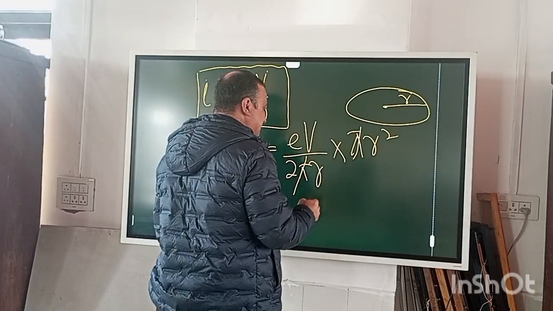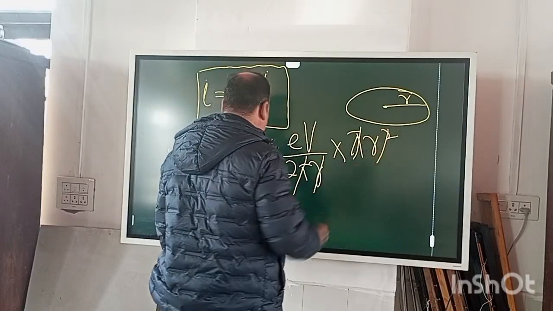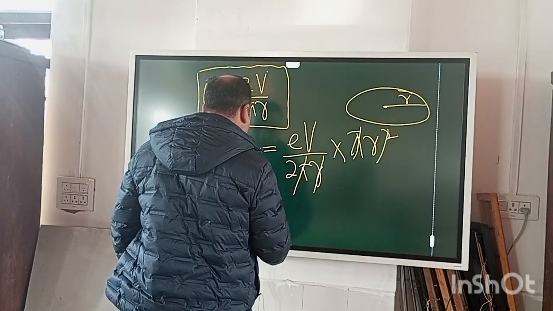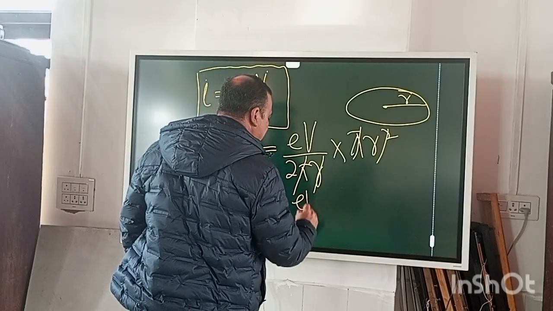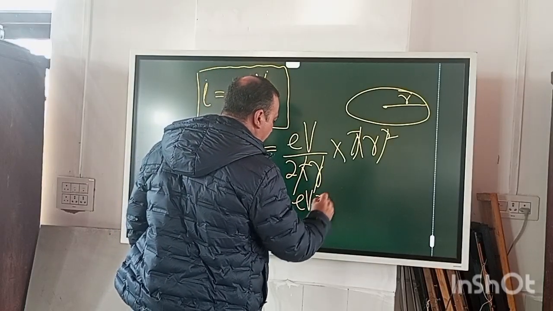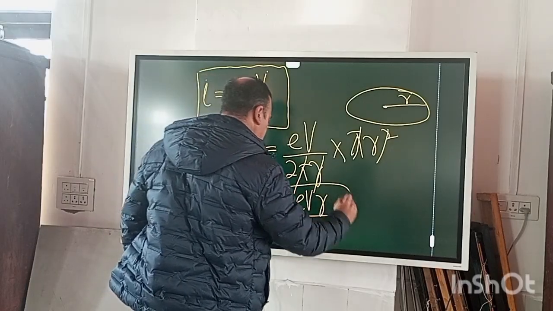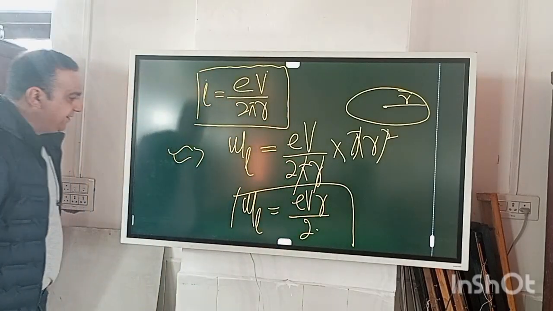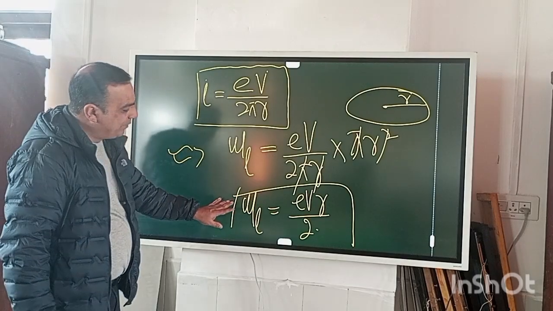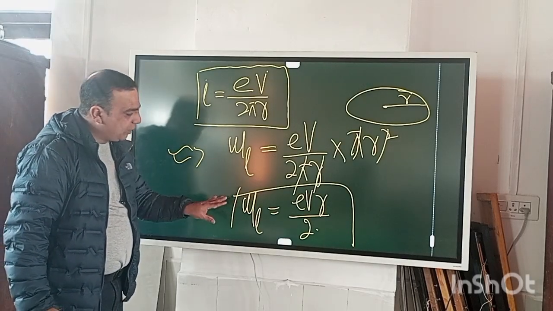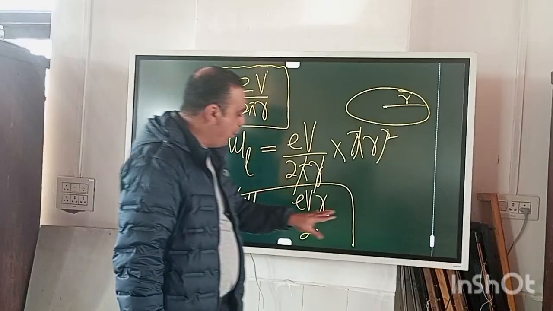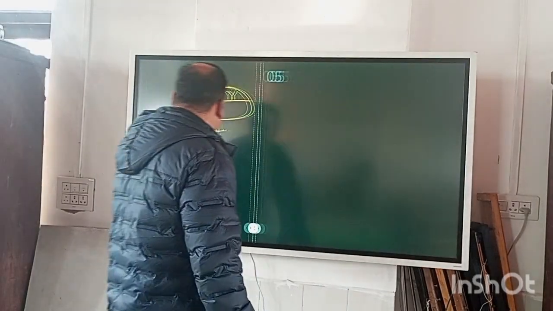This pi will cancel, this r square will cancel, and mu L will come up as EVR divided by 2. So this is the orbital magnetic moment of the revolving electron.